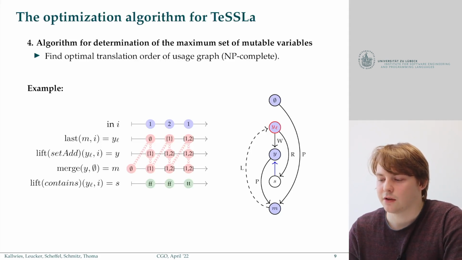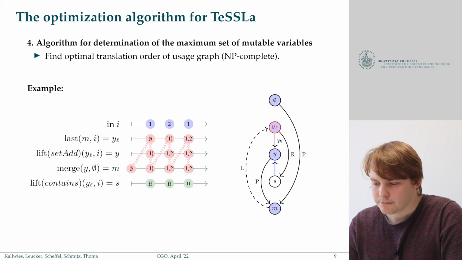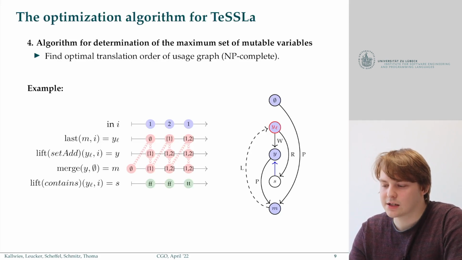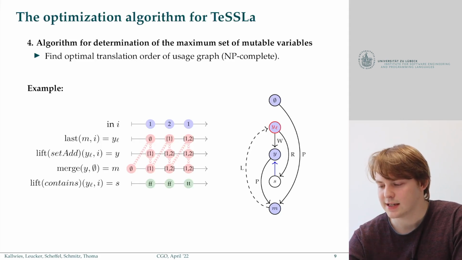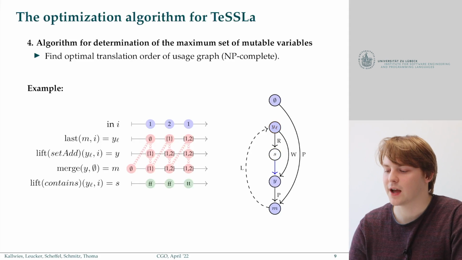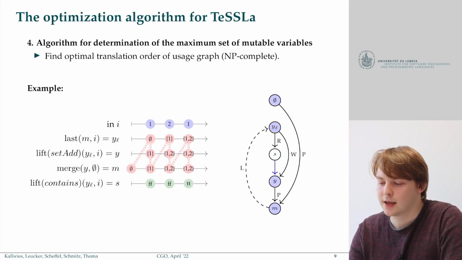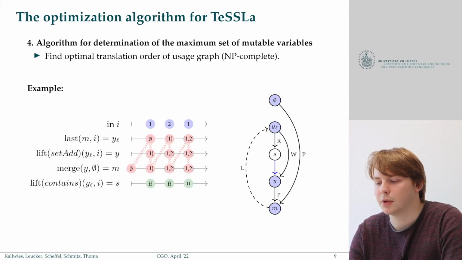Finally, when we have evaluated all write nodes, we then search a translation order for our graph such that as many blue edges as possible are carried. So in this case, we could, for example, find this translation order, then all standard dependencies and all read before write dependencies are carried, and so all variables in this specification can be implemented in a mutable way.